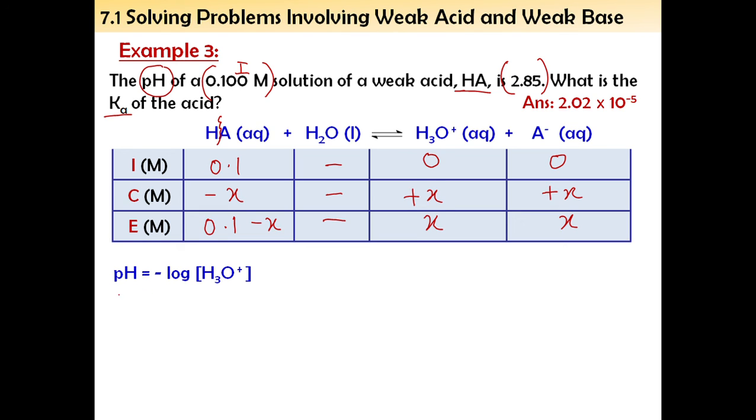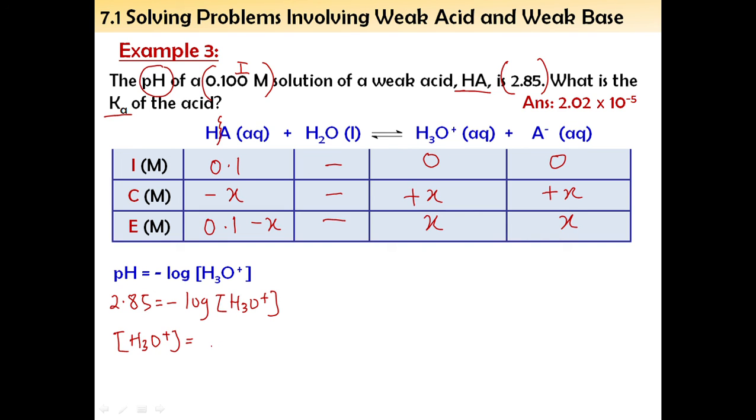So pH value 2.85. Equals to negative log concentration H3O+. Okay, ingat tak lagi macam mana nak hilangkan negative log? So, concentration untuk H3O+ equals to shift log negative 2.85. Okay?